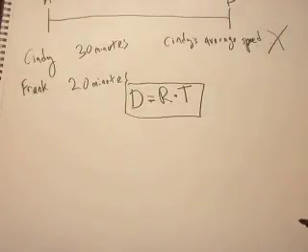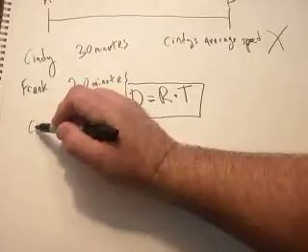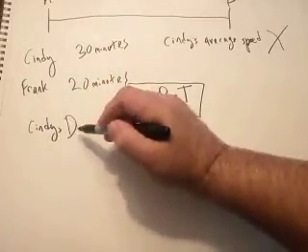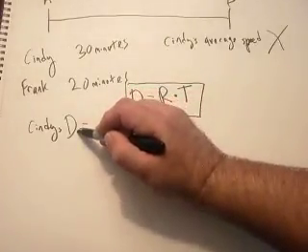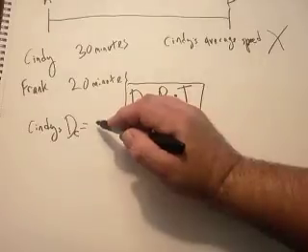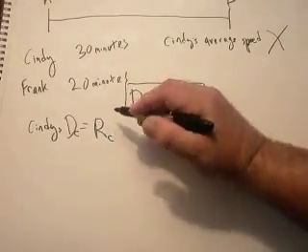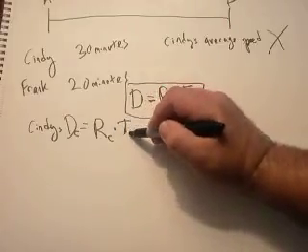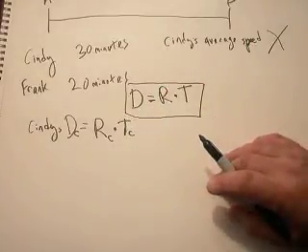Okay? So I'm going to set this up as Cindy's distance is equal to, I'm going to call it distance sub c, so I know it's Cindy's distance, is equal to Cindy's rate, so it's rate sub c, which stands for Cindy, times time sub c, which is telling me that's Cindy's time.